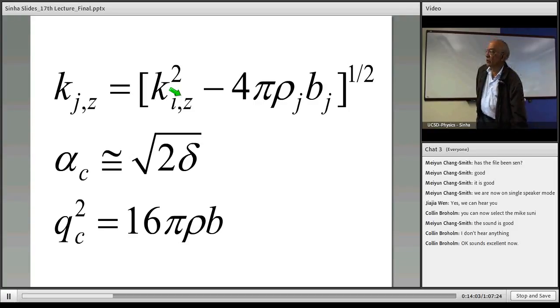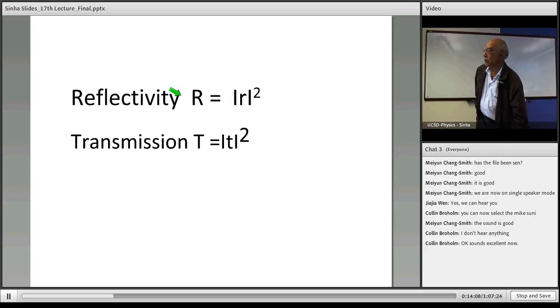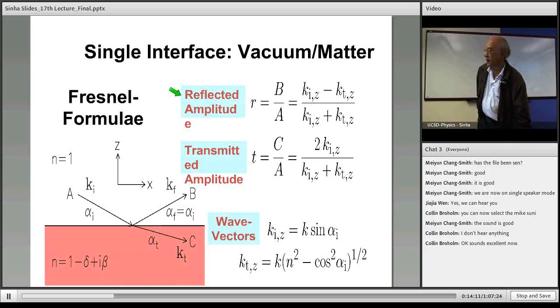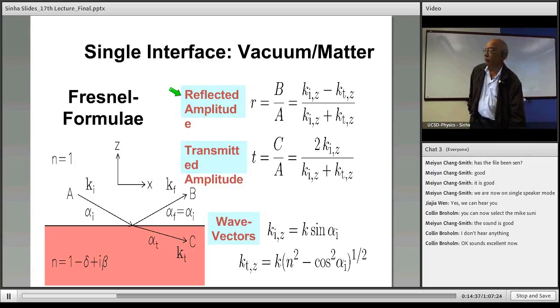And so you can see, if I go back to the previous slide, that at some point this thing could become imaginary if this becomes greater than n squared. And the condition for that to happen corresponds to when you've got an imaginary transmitted wave vector, that means you've got an exponential evanescent wave decaying in here, and you've got the phenomenon of total reflection.